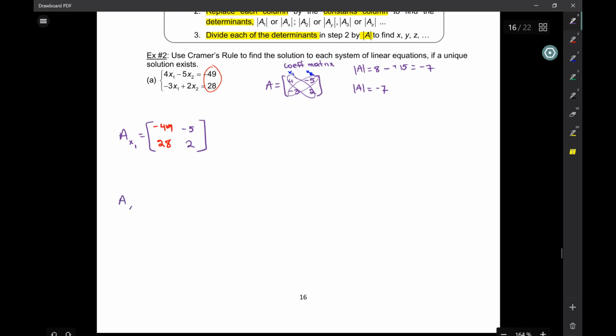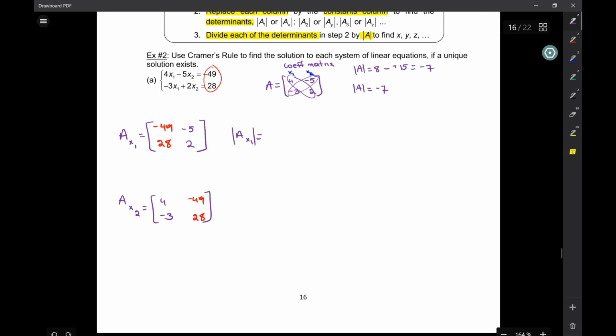Okay, while we're on this, let's do AX2. I'm going to take the A matrix and now replace the X2 column by the constants. 4 and negative 3. Now let's find the determinant of AX1.